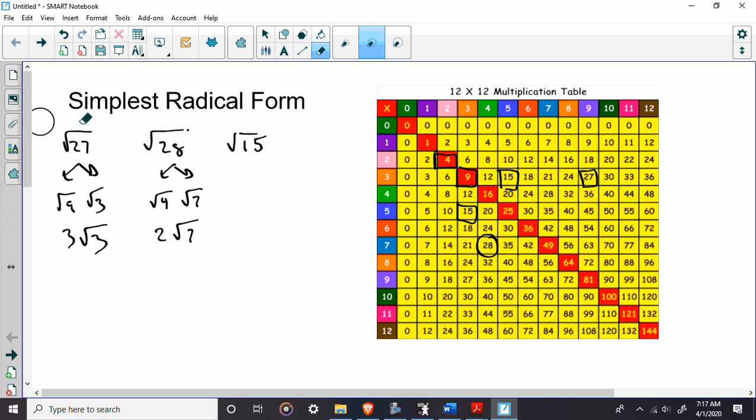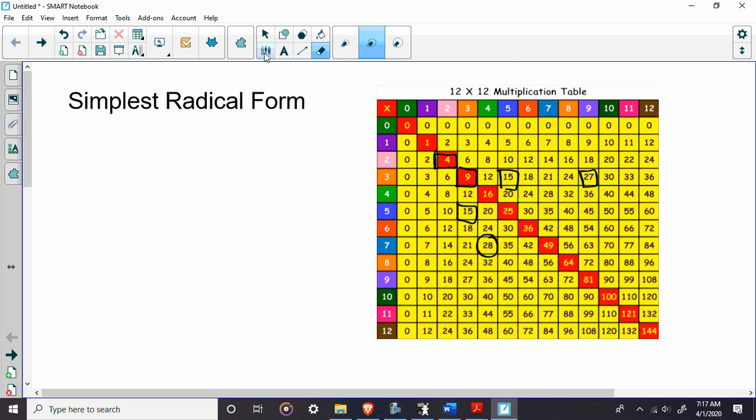Okay, so common mistake. Okay, let's take a look at an example. I'm going to say, hey, radical 32. Okay, now 32, again, not a perfect square. Do I see any 32s on here? 32, there we go. 32, right there. 8 and 4, right?